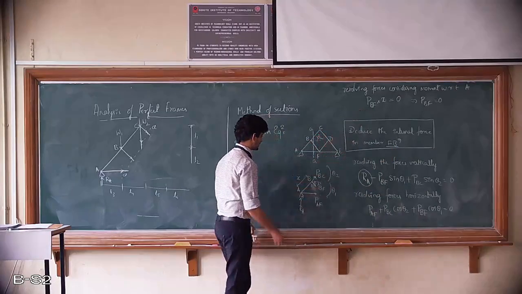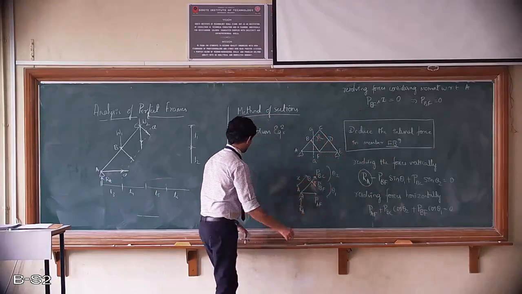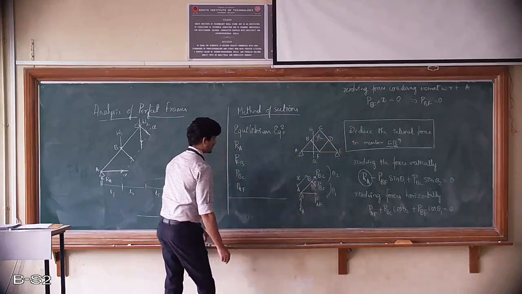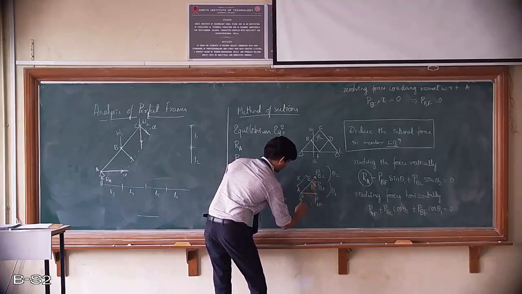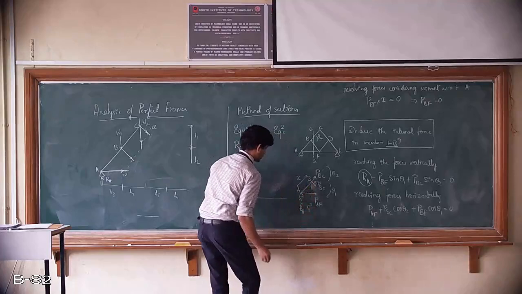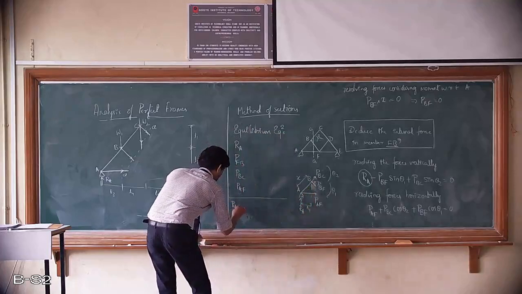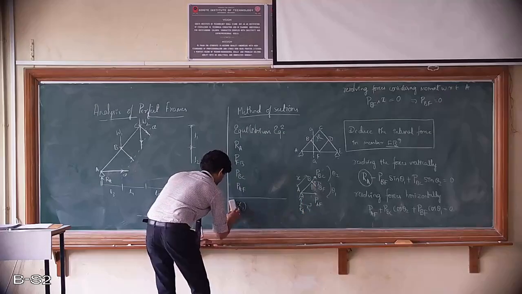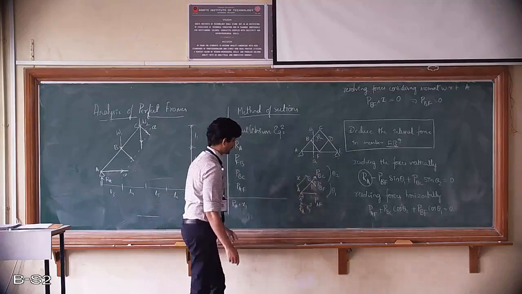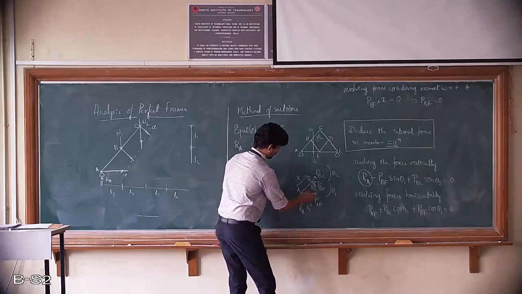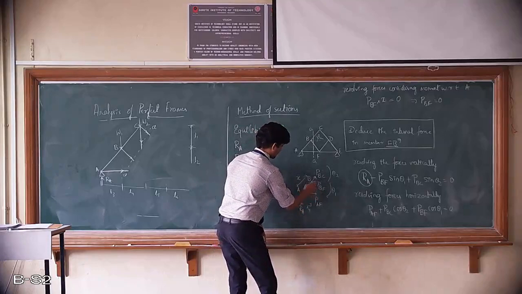If you had considered joint B instead of joint A, let us try to resolve that one as well. If it is joint B, then there will be a perpendicular distance between RA and that. Let us consider that to be x1. So that is going to be RA times x1. It is going to give clockwise rotation with respect to joint B. Next, PAF, with respect to joint B: the perpendicular distance is this much.